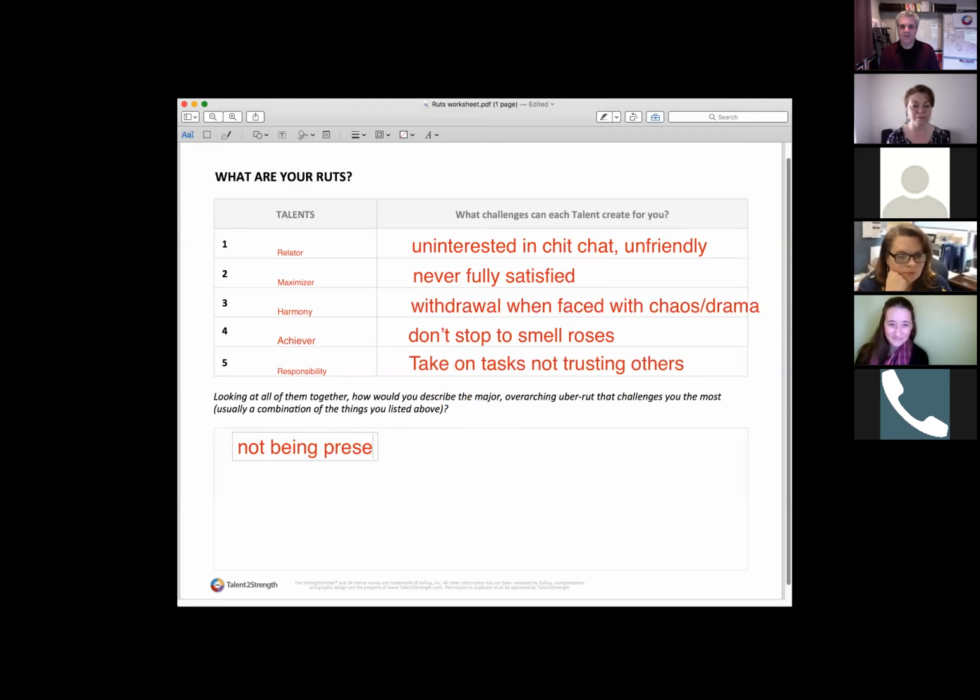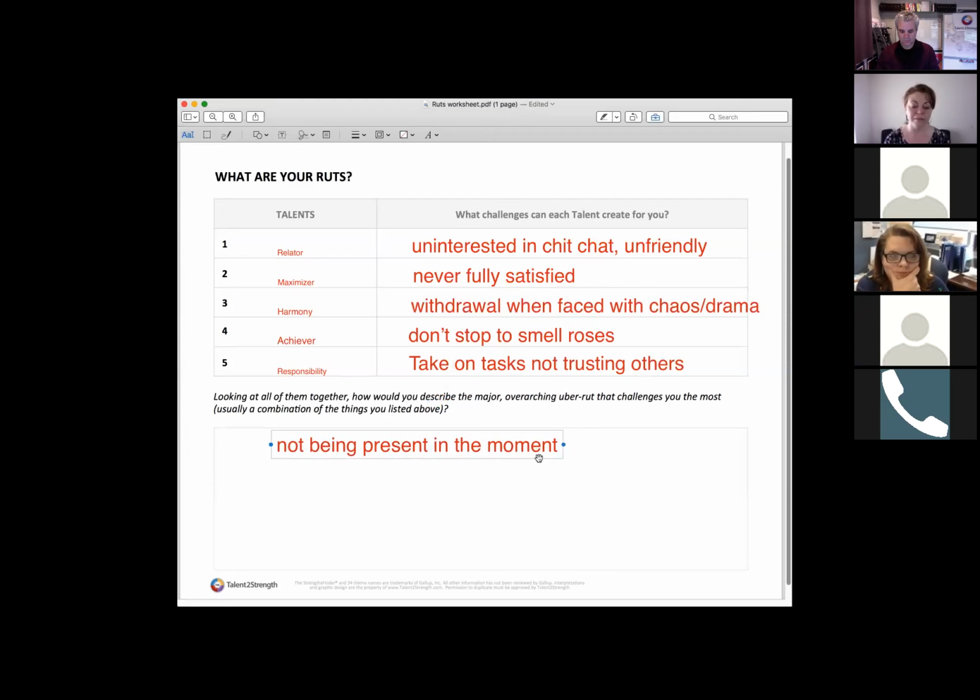Not being present in the moment. Good. What else? Maybe the pressure of feeling overly driven when you combine some of those. Good.